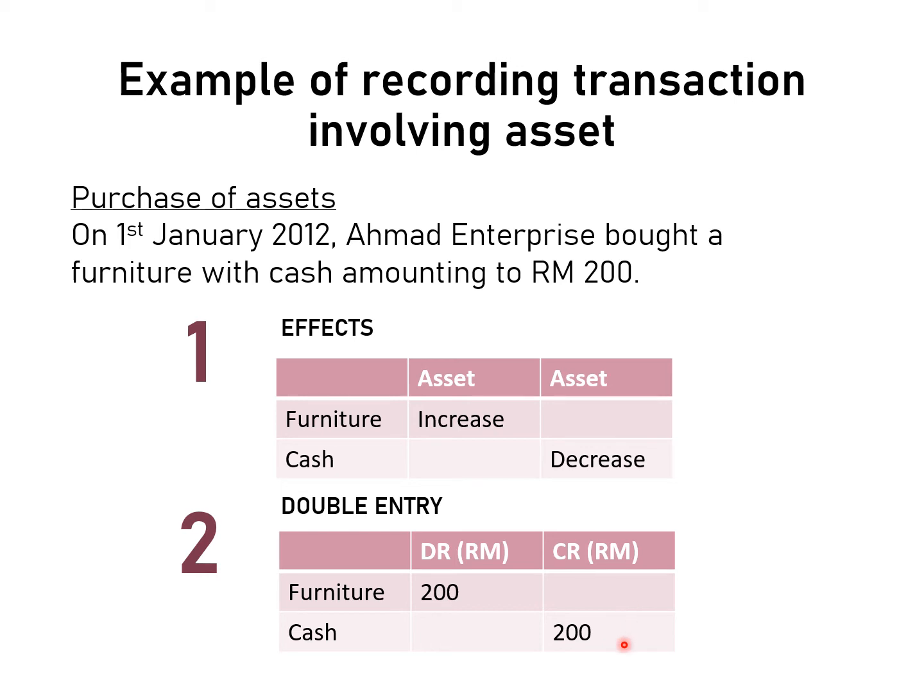So this is how you record a transaction involving an asset. First, you look at the effect. Second, you make the double entry.